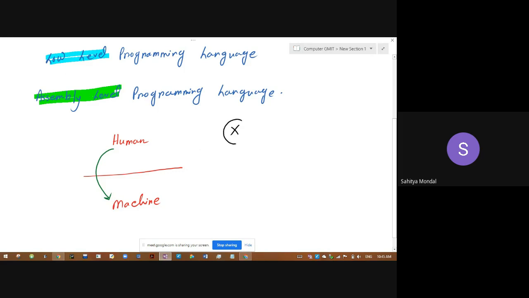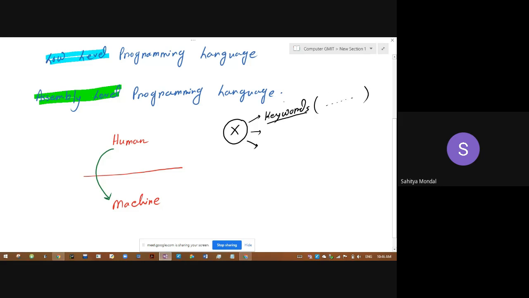I am not taking the name of any programming language, just calling it X. Now X uses some words, or rather keywords. Keywords are nothing but special words used to do some operation through the programming language. Now if these keywords are found in our regular dictionary, that means these words are very common to us.